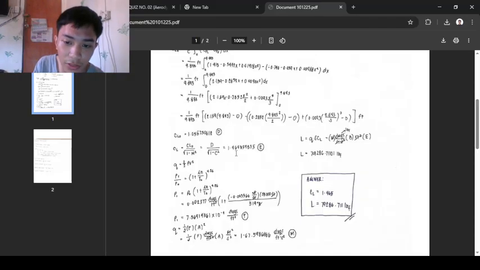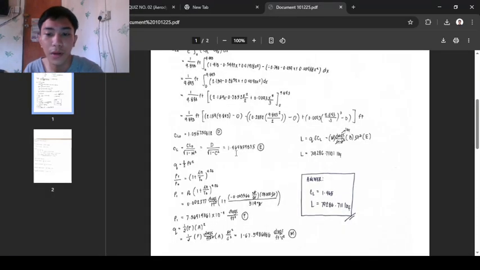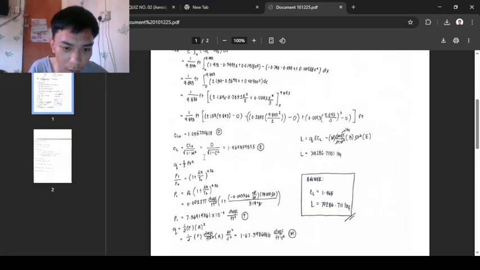So now let's compute for the lift itself, since we already have the lift coefficient. But before that, we need to find first the dynamic pressure in order for us to compute for the lift. So the dynamic pressure formula is half rho v squared. So we're gonna use the density formula.